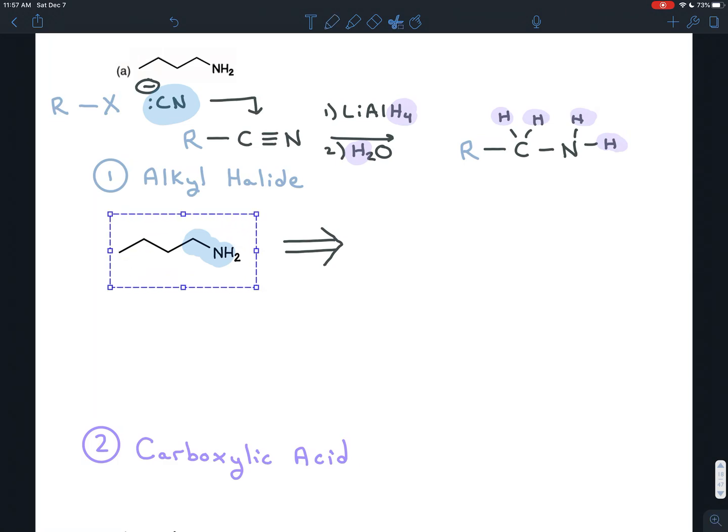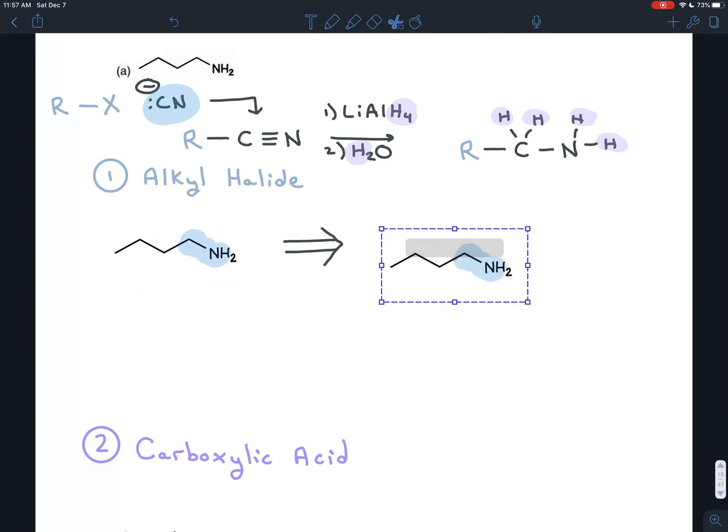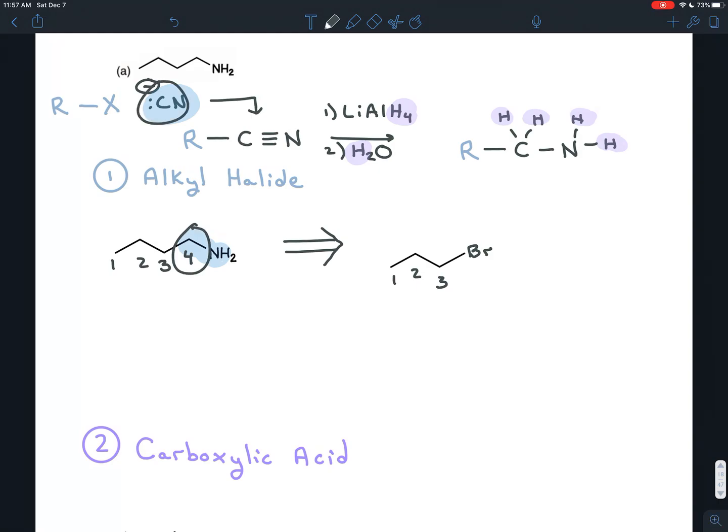So what we'll do is erase the nitrogen, and we'll erase that carbon there, and where the carbon was, we'll have a leaving group. So notice we only have 3 carbons here now. The fourth carbon will come from the cyano group. And so this is the alkyl halide we can use.